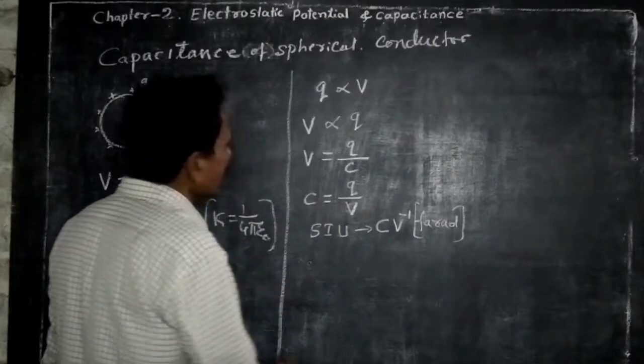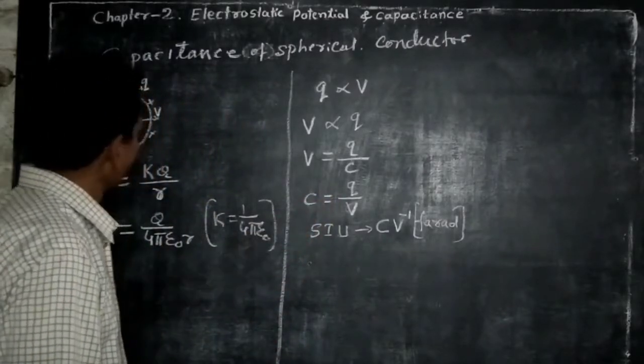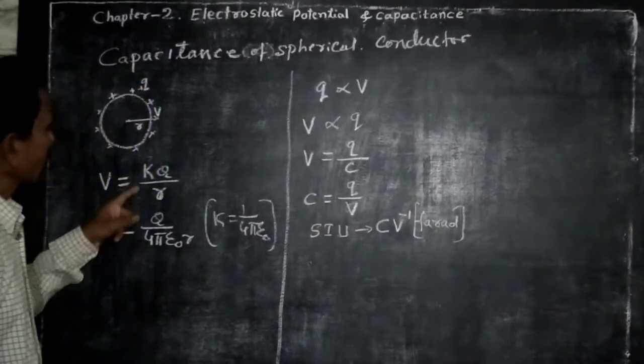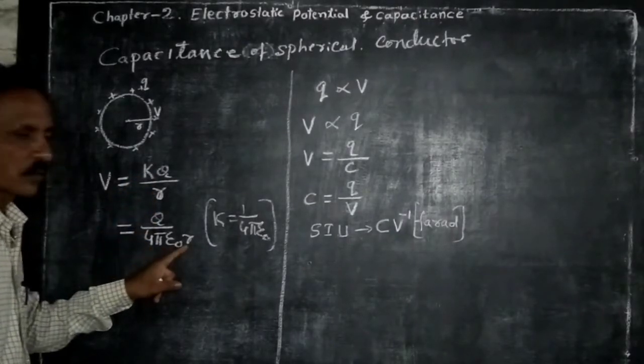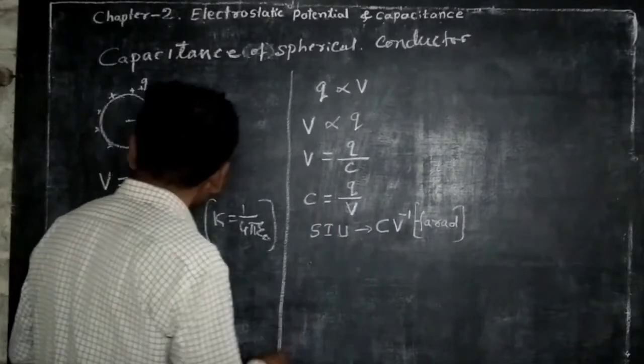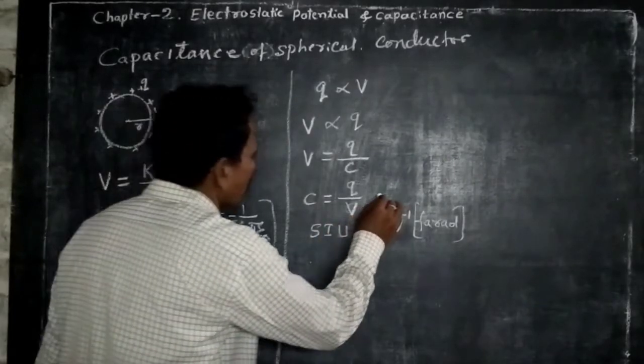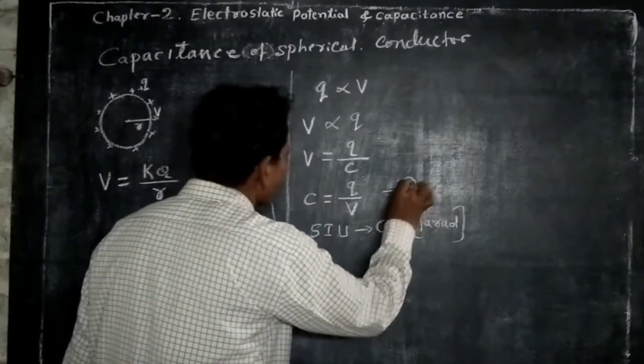And C equals q upon phi, but phi equals kq upon r or q upon 4 pi epsilon naught r. Substitute the value of phi in this equation, equation 1.